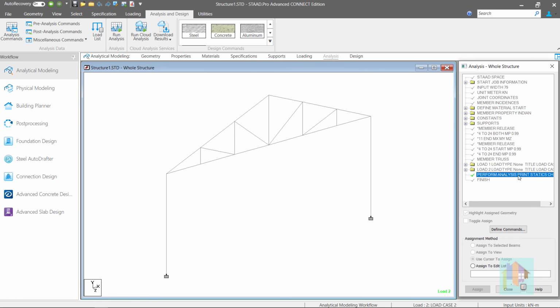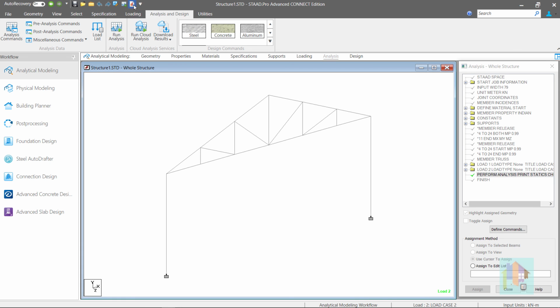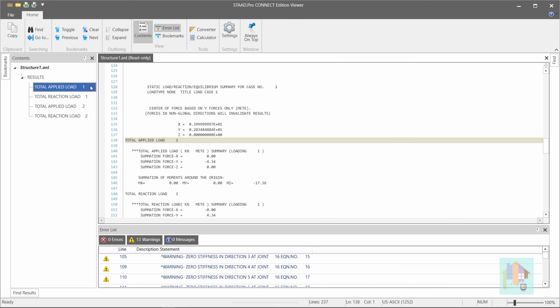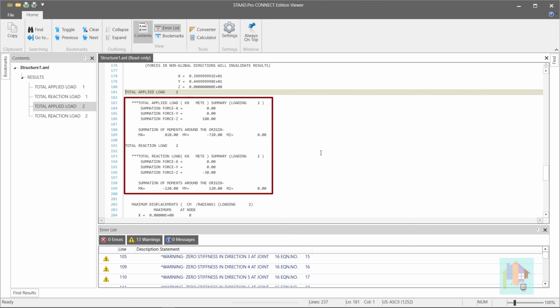We can include the print statics check command after the analysis command, and once the analysis is over, in the output file for each primary load case, the applied load and reaction values are reported. Here also we can notice there is a difference in applied load and reaction load for load case 2. The applied load does not match with the reaction values.